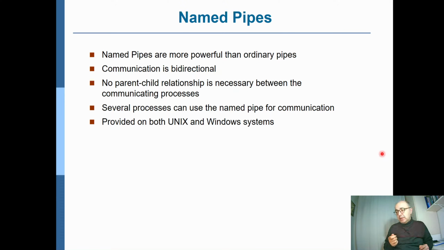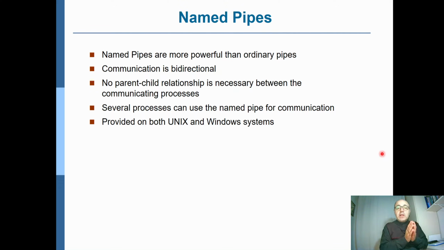What does that mean? It's just like a regular file, except that, remember, in the case of a file, you can read from anywhere you want, and you can go back and read the same stuff once again. That's not possible in the named pipes. Again, we don't require a parent-child relationship here.